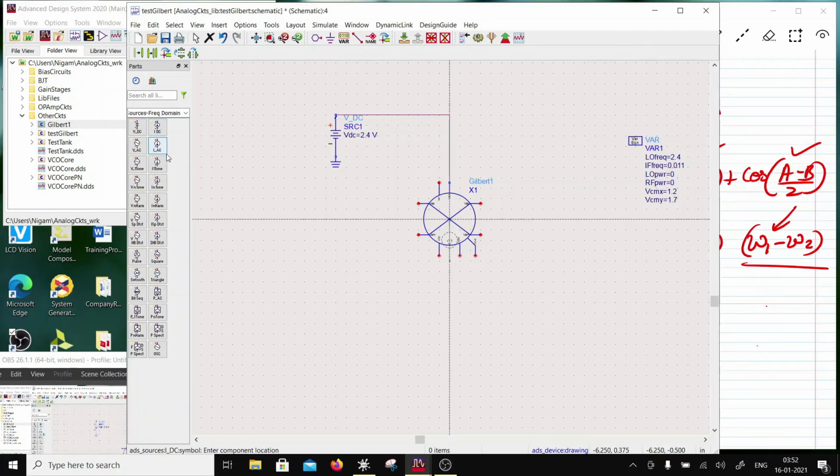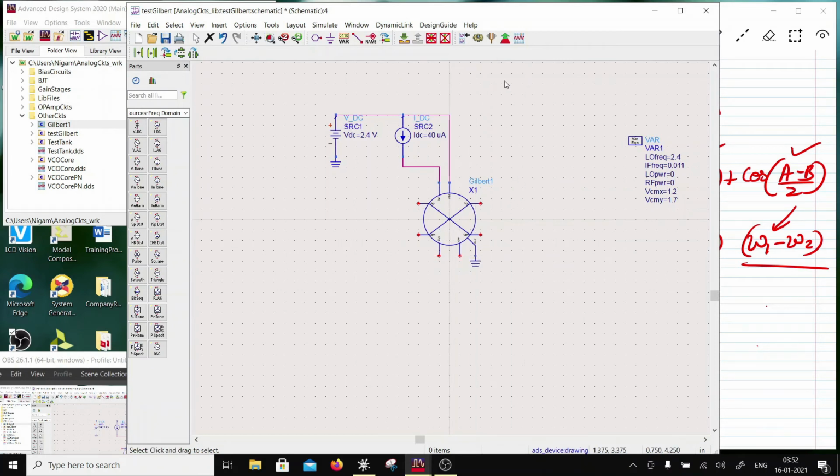So you can design for any IREF, right? It's just that you be careful that you do not run out of headroom, so that your transistor should still be operating in saturation region, right? So here I'm going to put 40, let's say microamperes, correct? And I'll connect it over here, and then I have got ground which is connected over here.